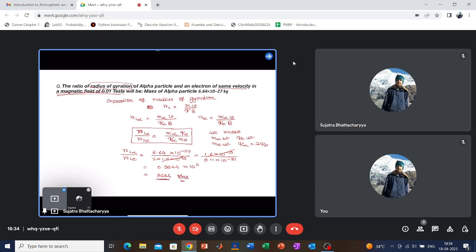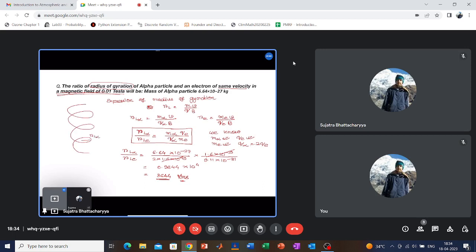This is the ratio that the radius of gyration of the alpha particle will be with respect to the electron. So what does it mean? This alpha particle will move like this with a greater radius of gyration, where this becomes RL of alpha.